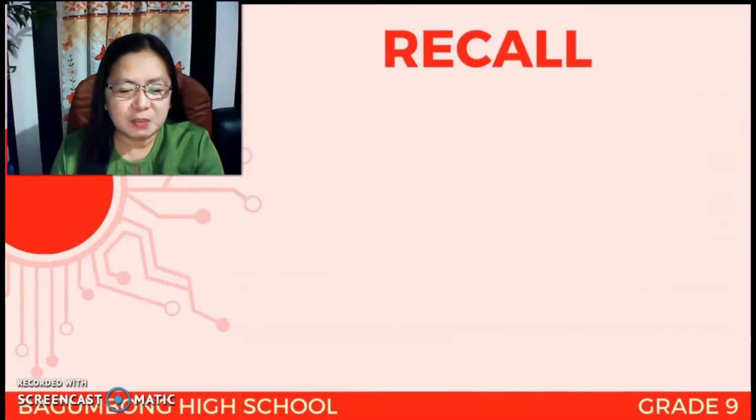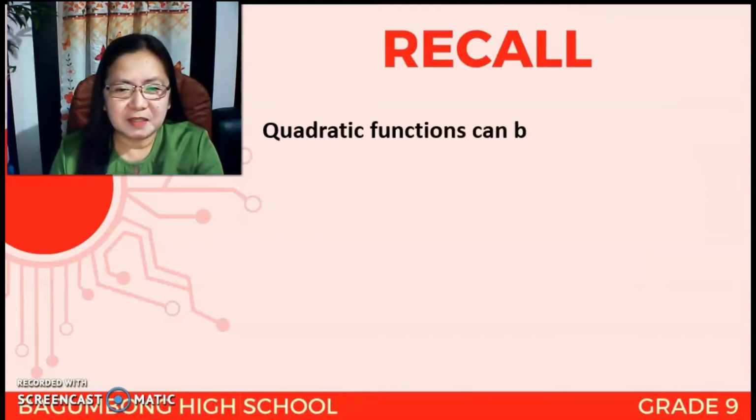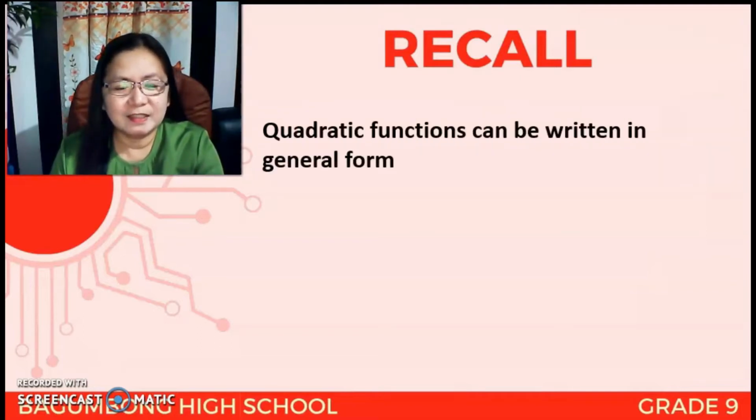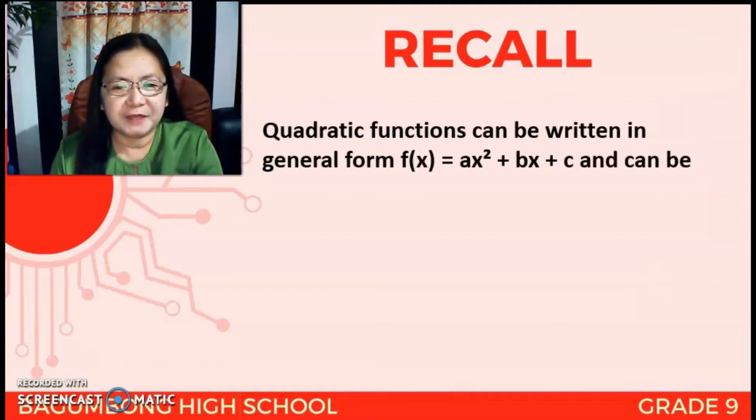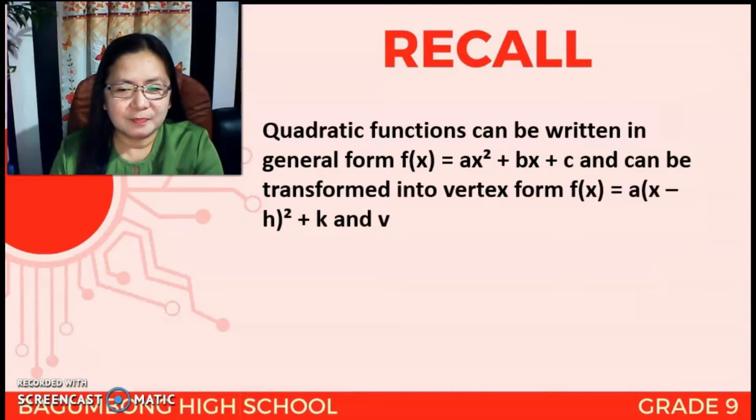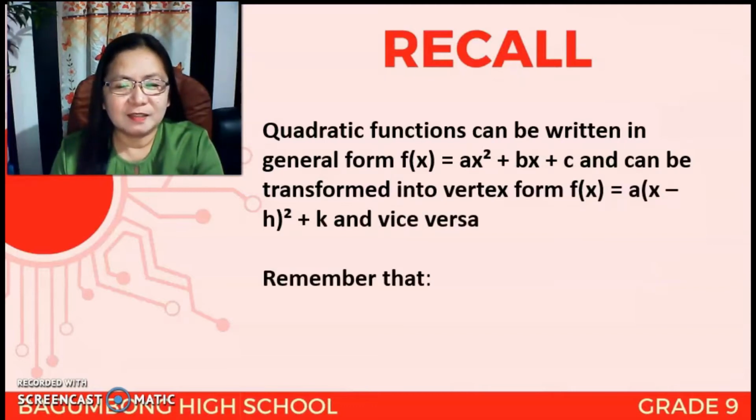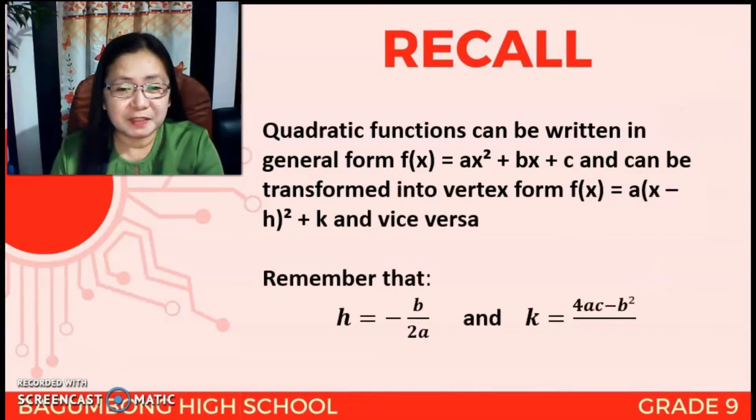Before we proceed to our lesson, let's start with a short review. As we all know, quadratic functions can be written in general form, f of x is equal to ax squared plus bx plus c, and can be transformed into vertex form, f of x is equal to a times the quantity x minus h squared plus k, or vice versa.